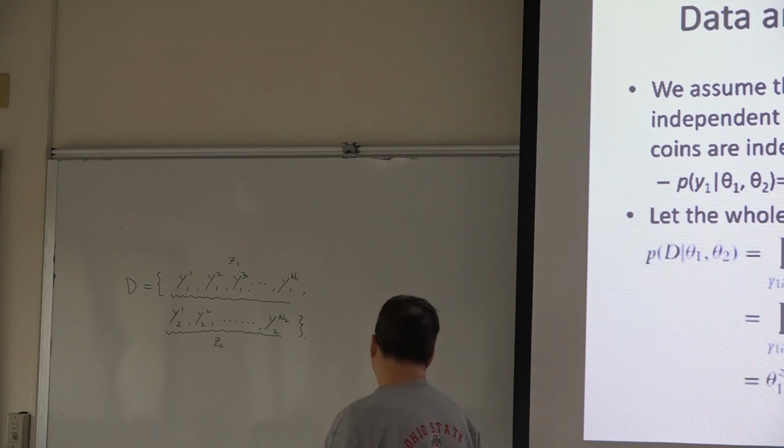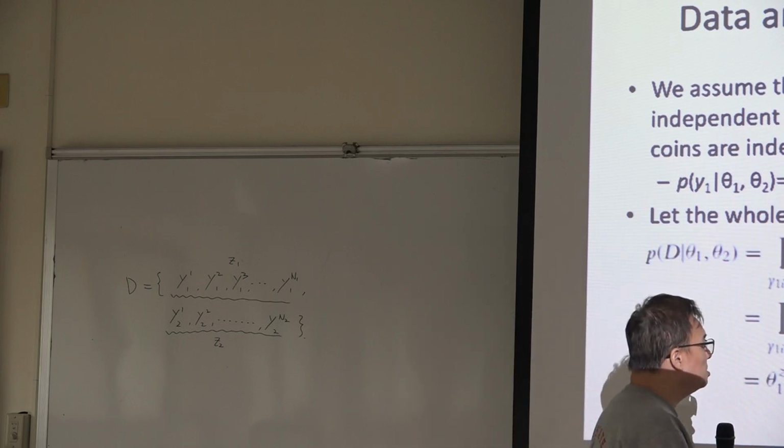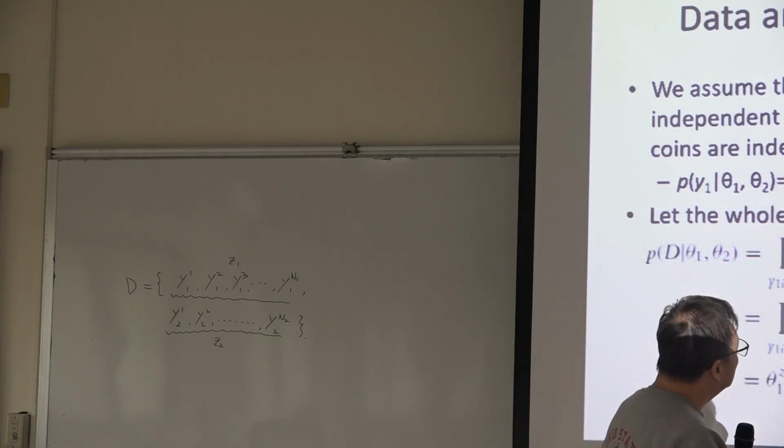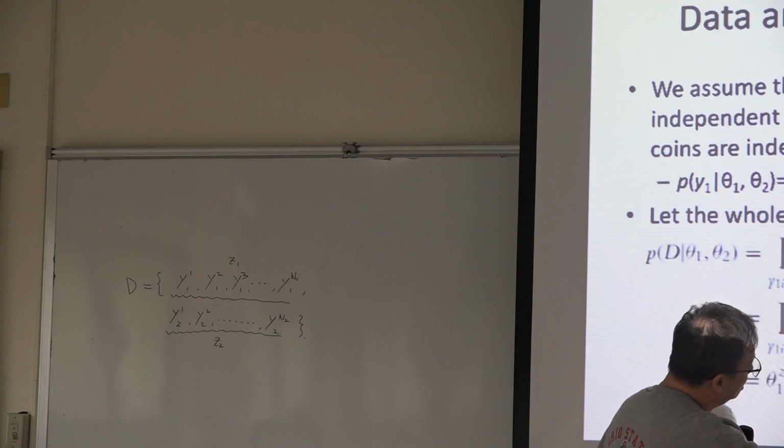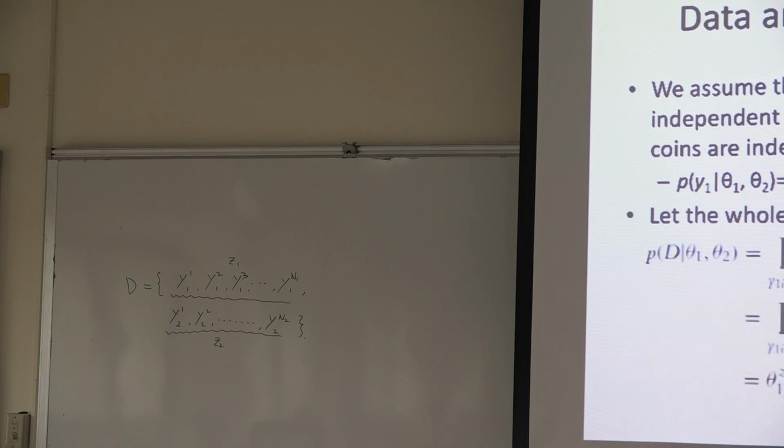For simplicity, we just write capital D equal to Z1, N1, Z2, N2. But actually it doesn't represent just the number of heads and the total number of flips for each coin. It actually represents a particular sequence of flips for the first coin and a particular sequence of flips for the second coin.